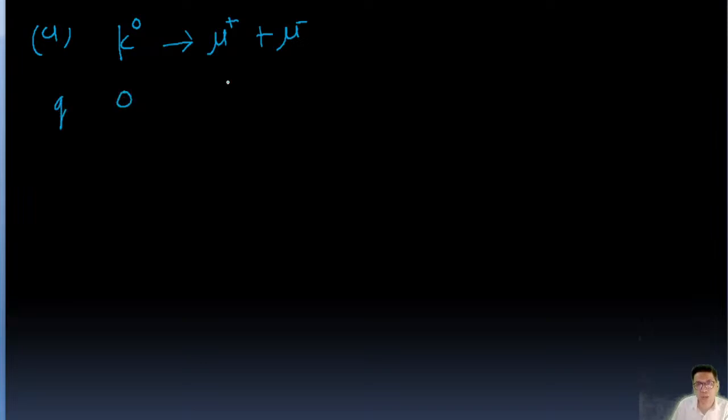Charge is 0 here, and here charge is 1, here charge is minus 1. So the charge on the left hand side equals the charge on the right hand side, which means charge is conserved.